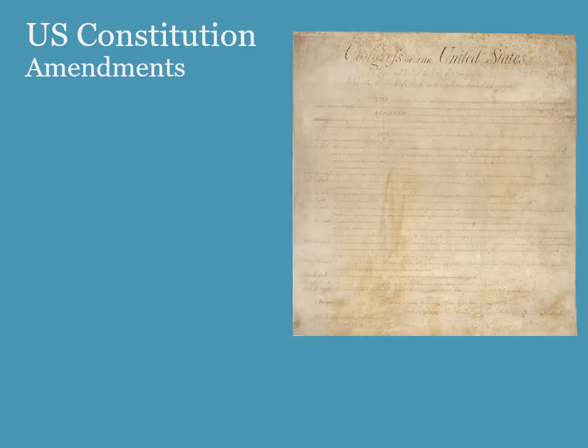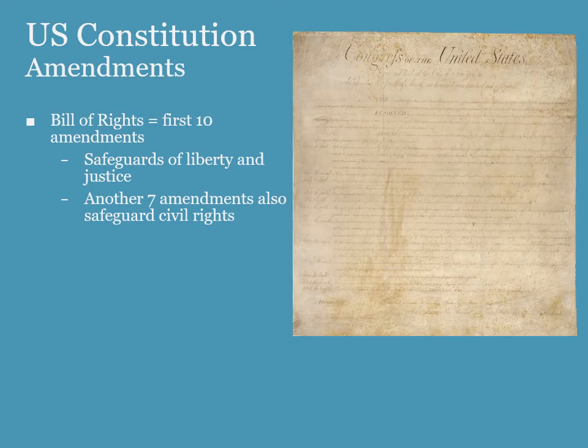So after the Articles comes the Bill of Rights, the first 10 amendments to the U.S. Constitution. These amendments, along with 7 others, safeguard our individual rights and liberties. So these are the amendments that are focused on liberty, individual rights, and notions of justice. During the Constitutional Convention, there was a vigorous debate over whether these rights should have been included in the Constitution itself.